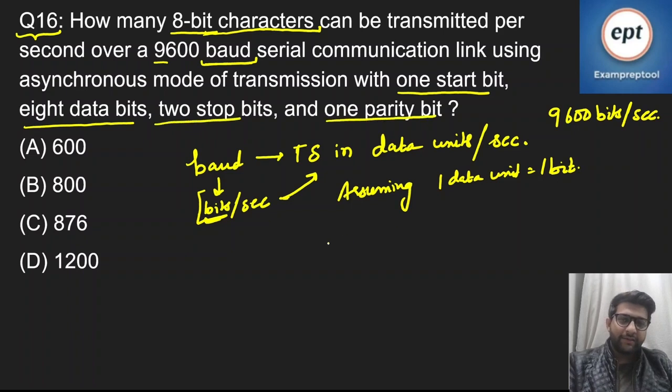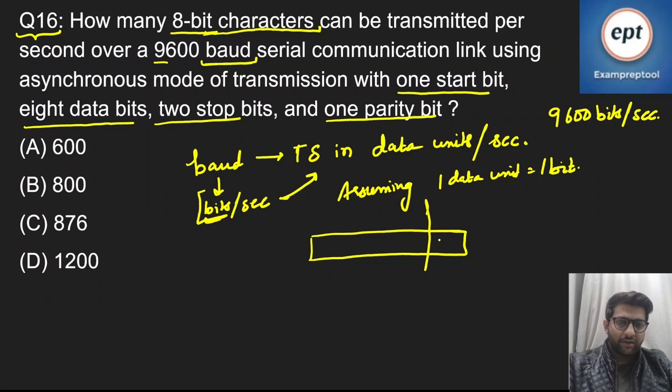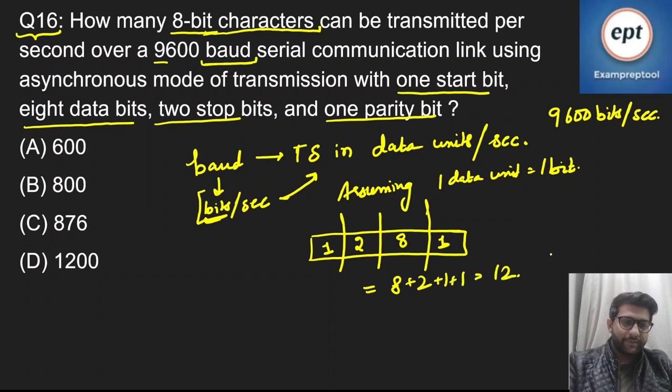That is 8 plus 2 plus 1 plus 1, which is 12. That means that 12 bits per character will be transferred.